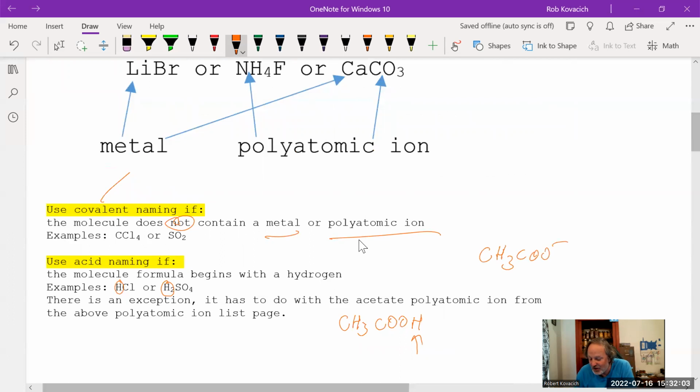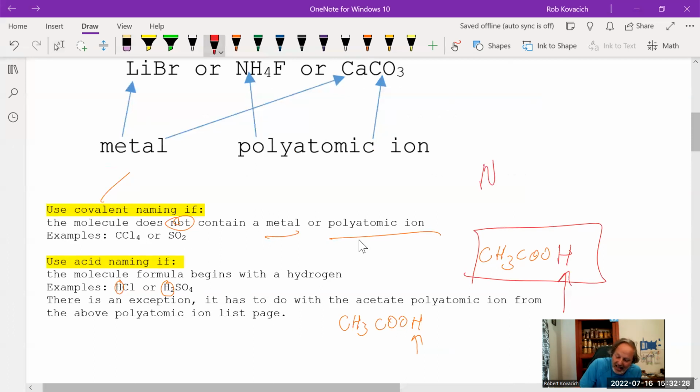When I attach an H to a polyatomic ion to make it become zero charge, I'm going to take away this negative charge because a hydrogen is going to show up with a +1 charge. Now what I've done is I've added an H to a polyatomic ion to turn it into a molecule, meaning cancel out its charge. So this has to be an acid because I added an H to it. That's what makes it an acid.